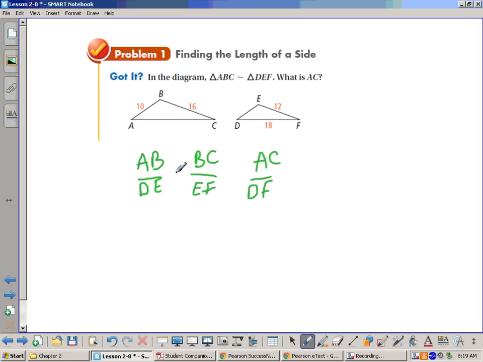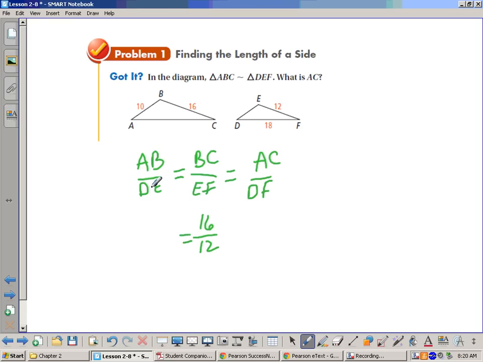What we can do is use this knowledge that these are going to be equal to solve for the missing side lengths. If we know AB is 10, but we're trying to find DE, we can use this proportion and the one that we know both side lengths on, BC and EF, the middle one, and just substitute the side lengths in. 16 is BC's length and 12 is EF's length.